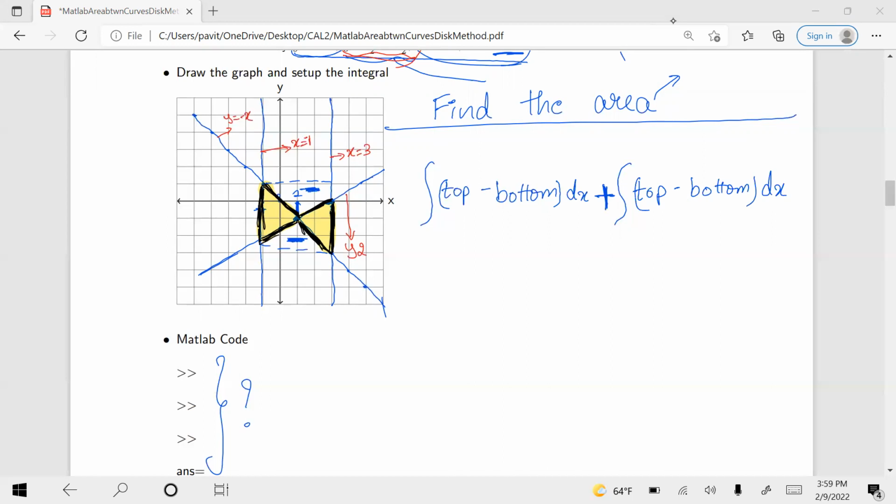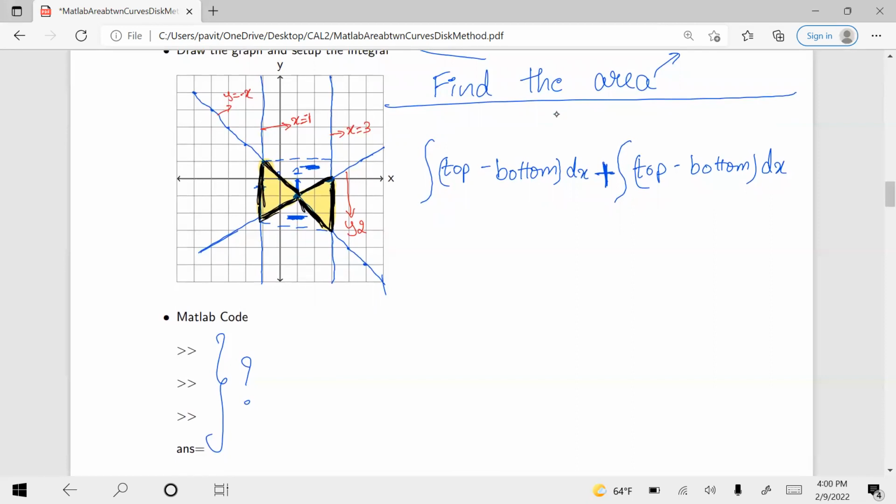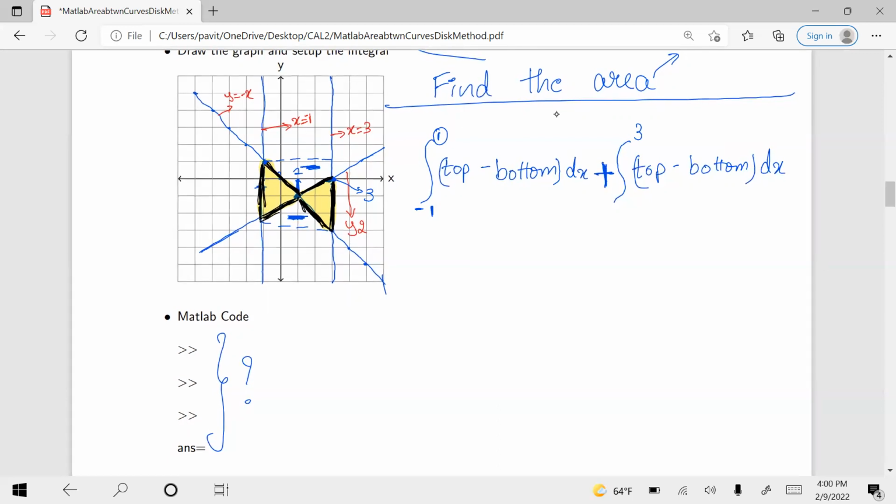Yes, Joseph, you are exactly right. You are going to find area between -1. This point here is -1, right? So -1 to 3, agree? Because this is 3. And here, what limits are you going to put?